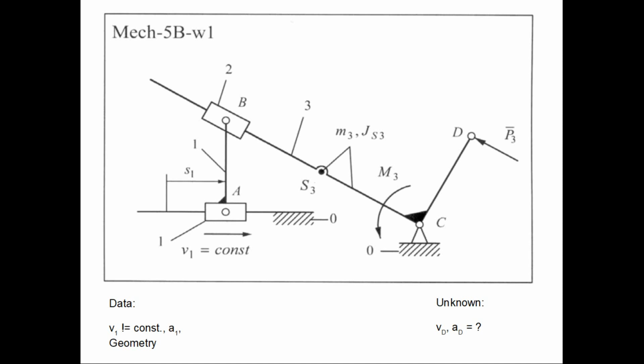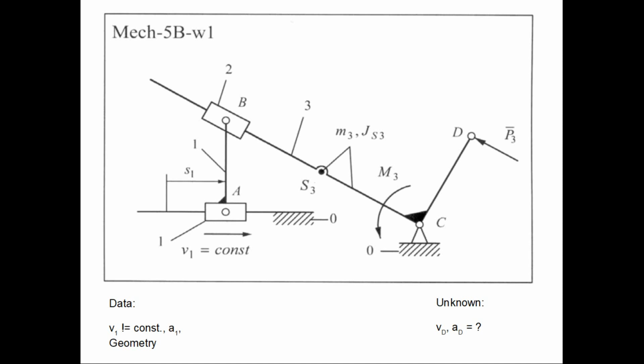For example, we should draw this mechanism for two extremal positions of the driving link, so for two values of this displacement S1, and we should see what is the corresponding angular displacement of point D.